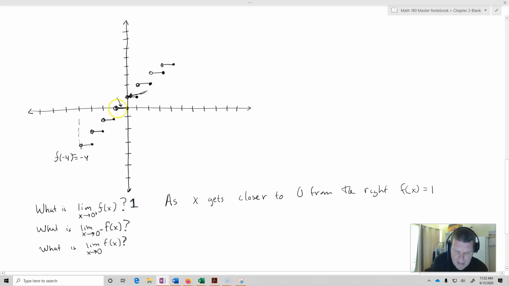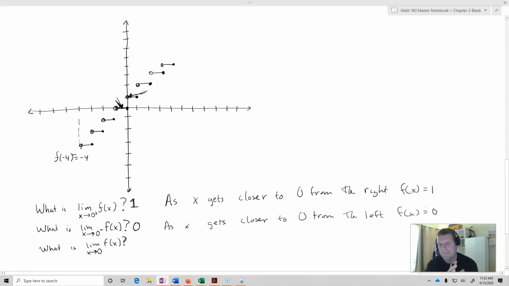On the other hand, if you go from the negative side, it's going to end up equaling 0. So as x approaches 0 from the left side, f of x is going to equal 0. So now we have a problem. From the left-hand side and the right-hand side, we get two different numbers.